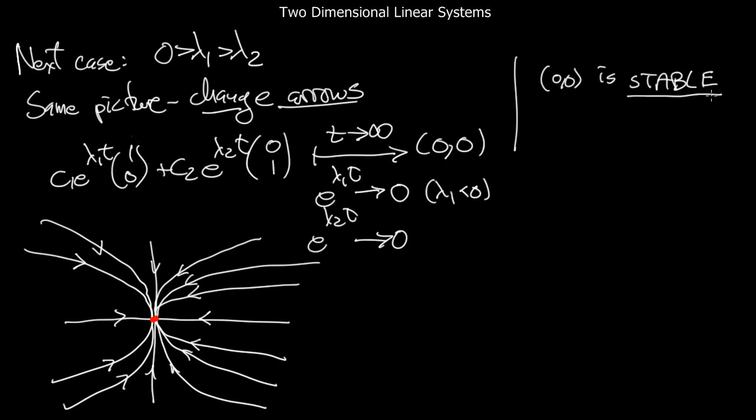The trivial solution is stable in this example. And one way to think of it is if there's this region, this green region here, if you just look at that region, you never leave it. If you perturb within that region, it stays inside that region.